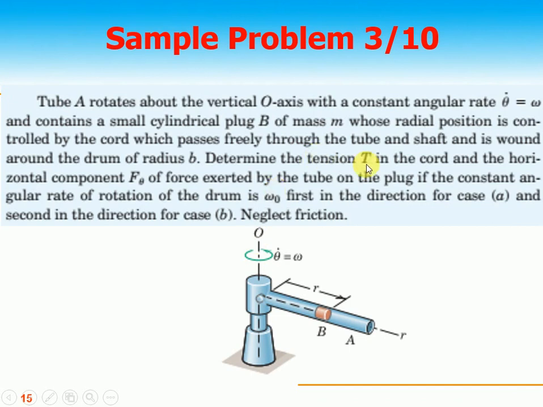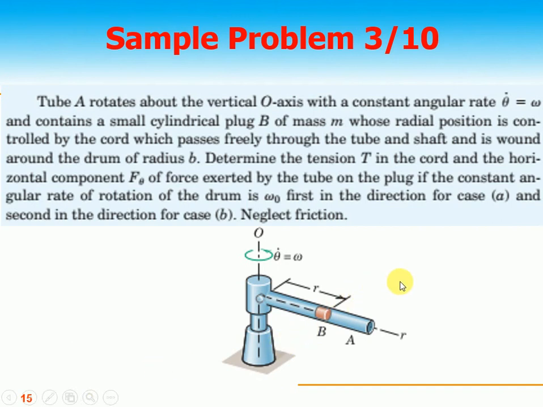Determine the tension T in the cord and the horizontal component F theta of the force exerted by the tube on the plug if the constant angular rate of rotation of the drum is omega naught, first in the direction of case A, and second in the direction of case B. You have to neglect the friction.